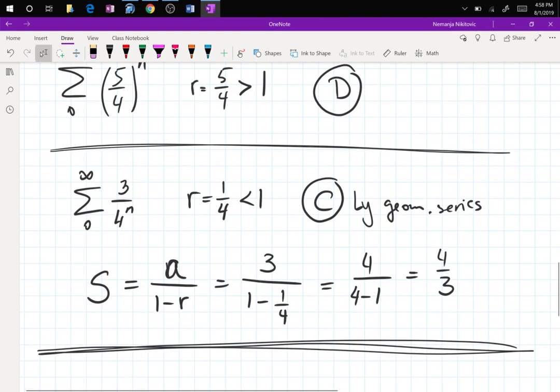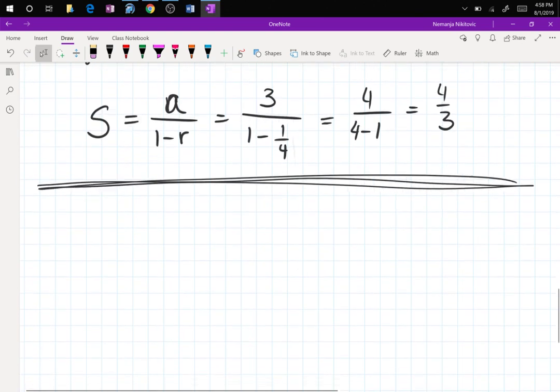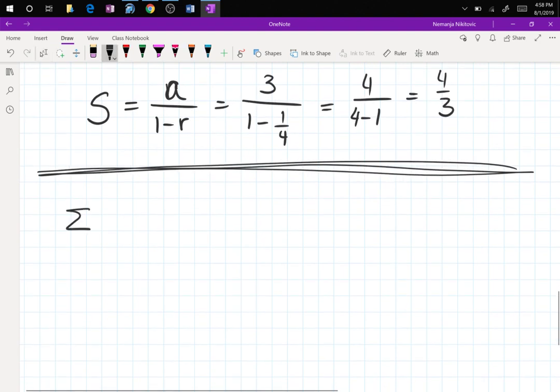And now I want to introduce another problem, which will say summation starts at 2 to infinity, and then we have, let's say, 4 times (1/3)^n, and it is asking you for the sum. Well, first of all, is this convergent?